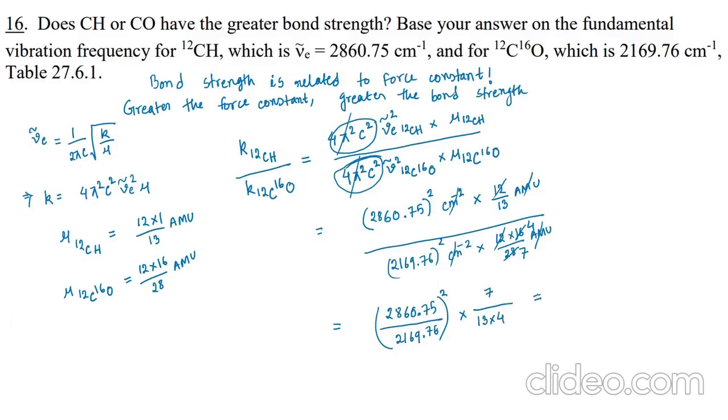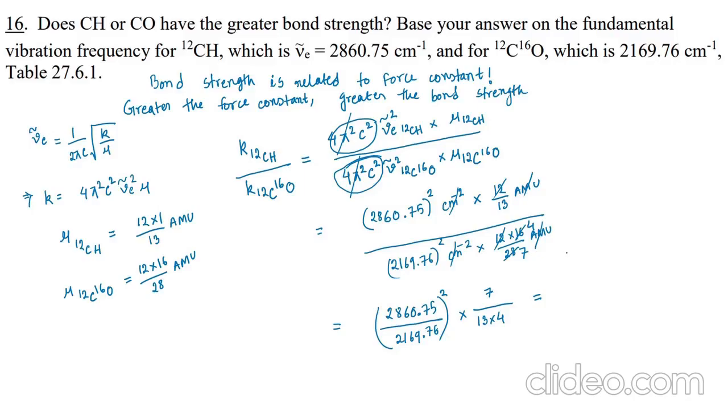So let us see how much it is coming. Is it coming greater than 1 or less than 1? 2860.75 divided by 2169.76 square into 7 divided by 52.